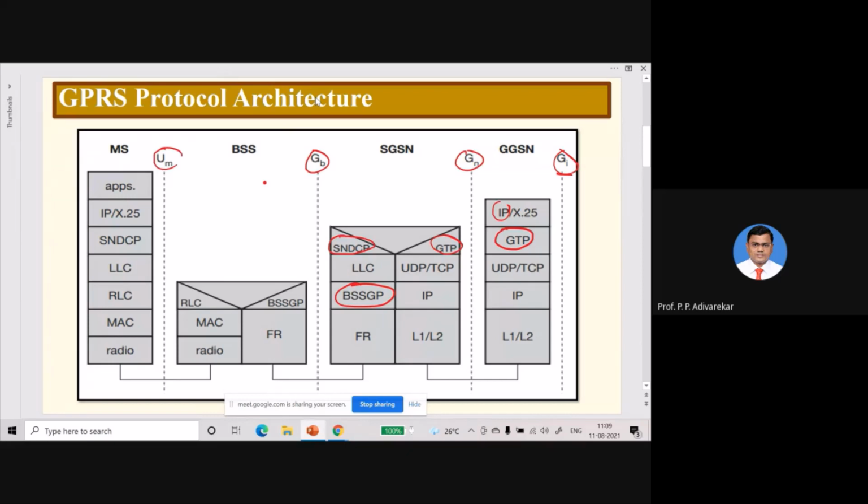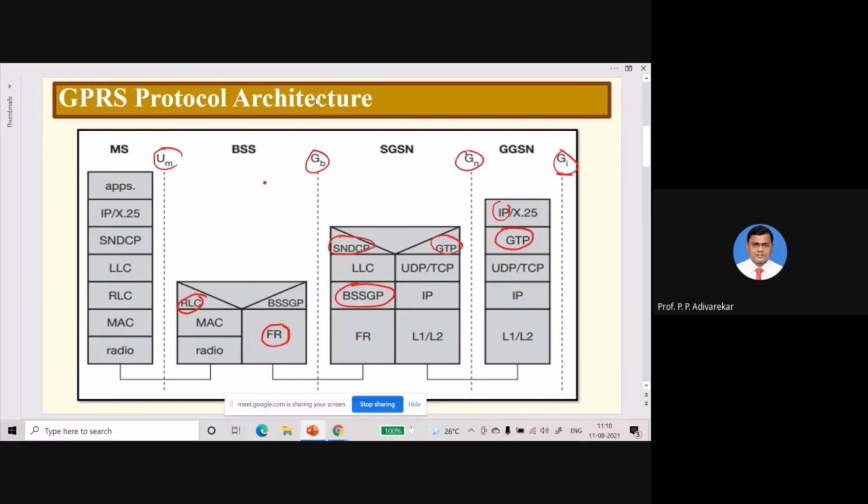Then RLC is also there, it is the RLC protocol. So these are the new protocols which are included in GPRS. Apart from that, every other protocol is known to us or familiar to you, which was the part of the previous OSI model, that is, a wired network. FR was not there. FR is frame relay, a type of network which is used at the physical layer of this GPRS.